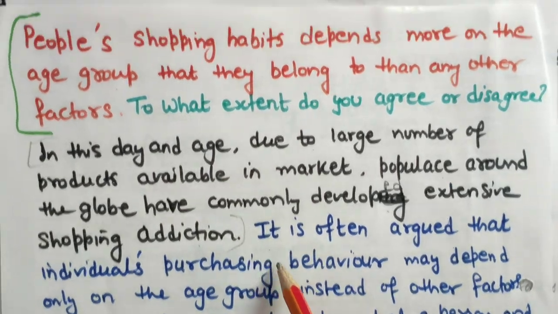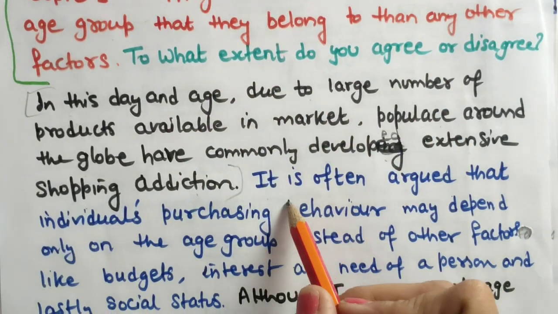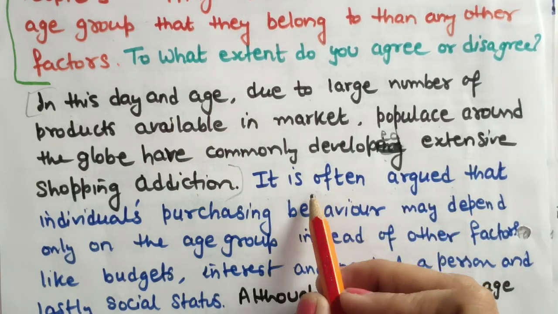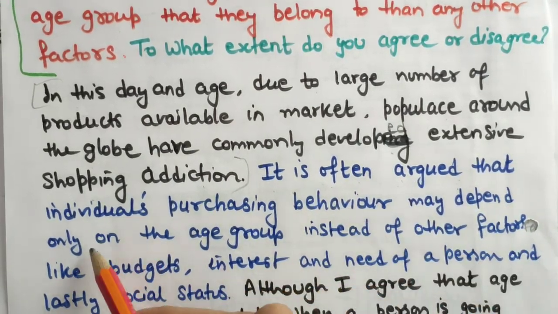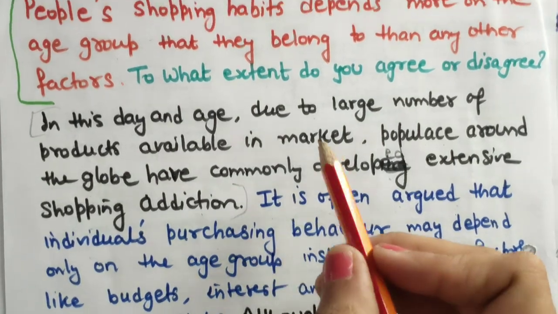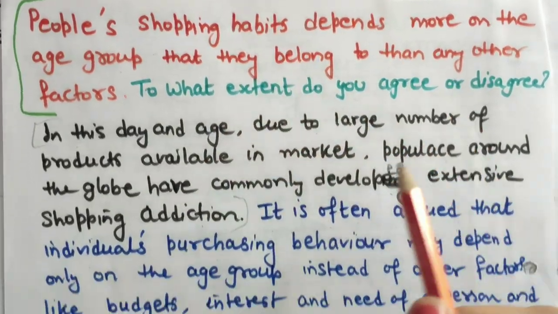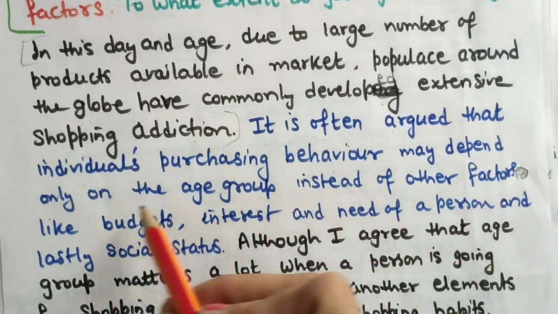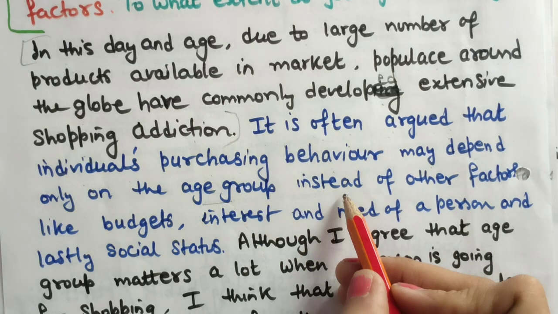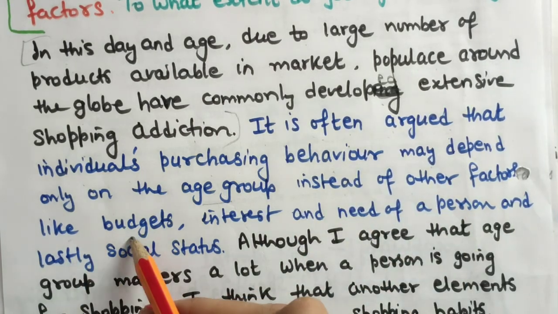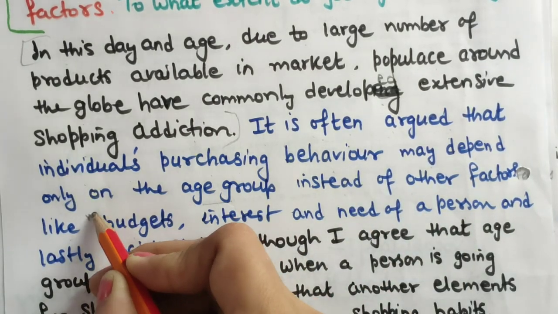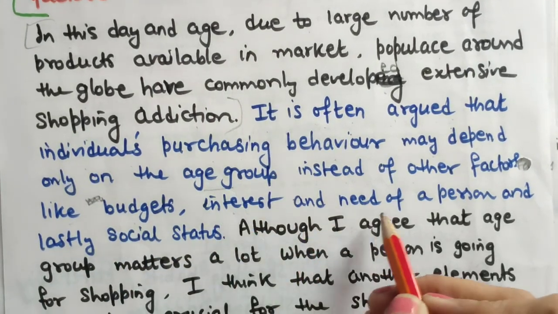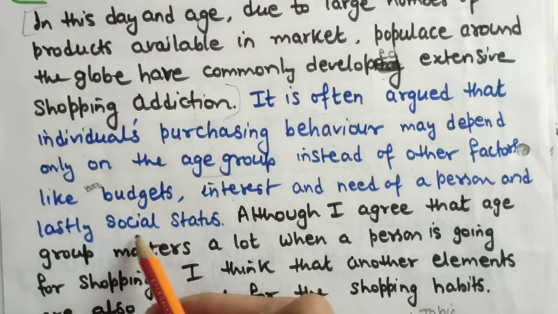Now paraphrasing. It is often argued that, or it is considered that, it is commonly believed that an individual's purchasing behavior may depend only on age group instead of other factors like budget, interest and need of a person, and lastly social status.